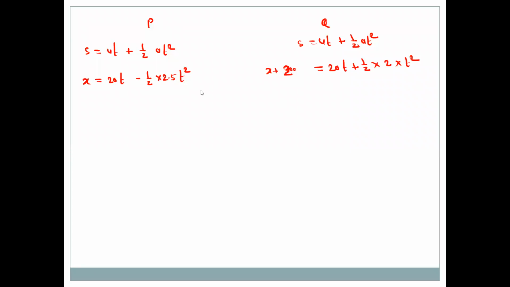Okay, so you can put this complete equation in the equation for the car Q. So put this value by replacing this x. So we will get the equation as 20t minus half 2.5 t square plus 200 equals 20t plus t square.